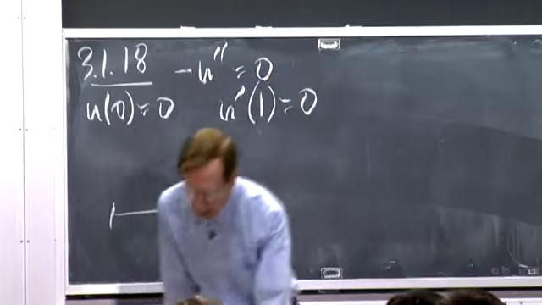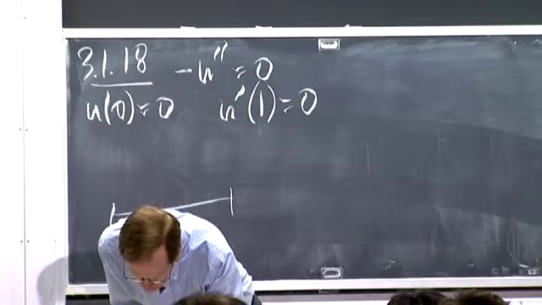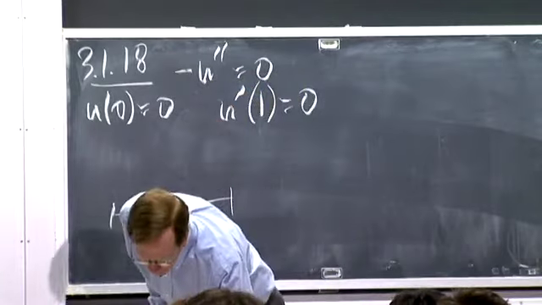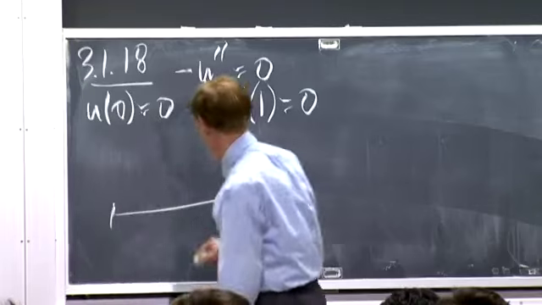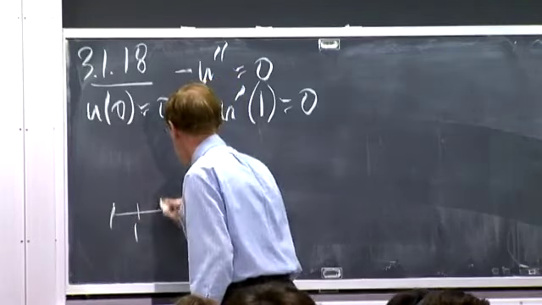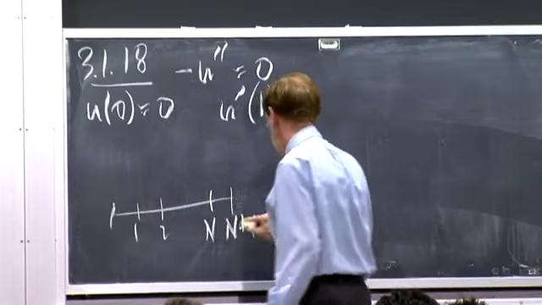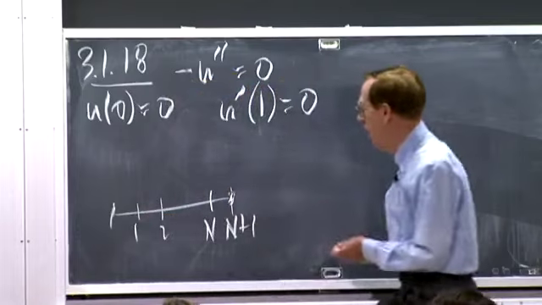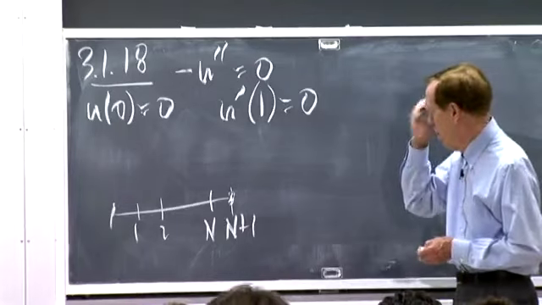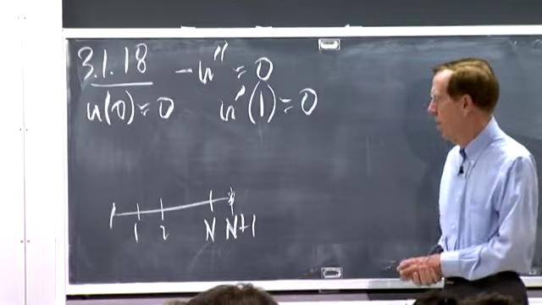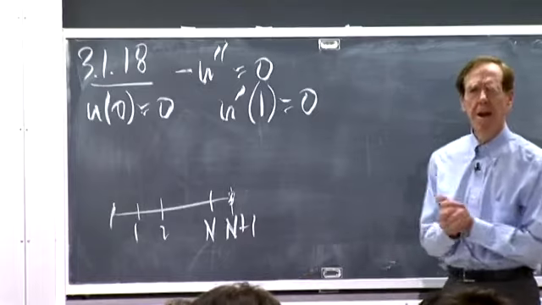I don't remember how many were used in the problem. Well, it allows you to use n interior guys, 1, 2, up to n, and then another. Okay, so what's the finite element method?